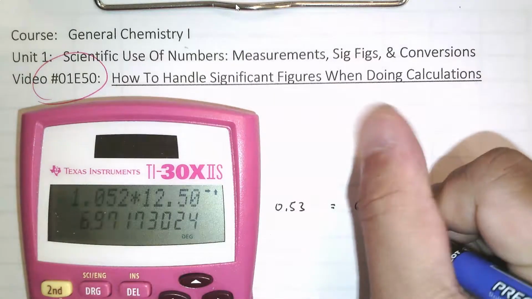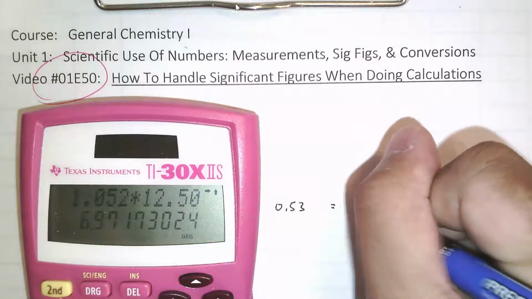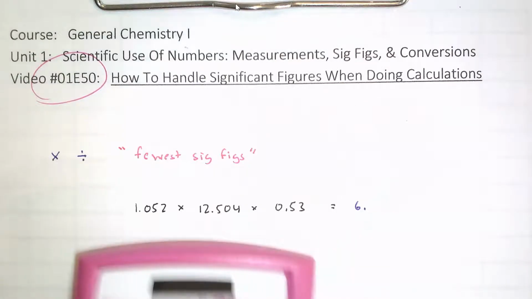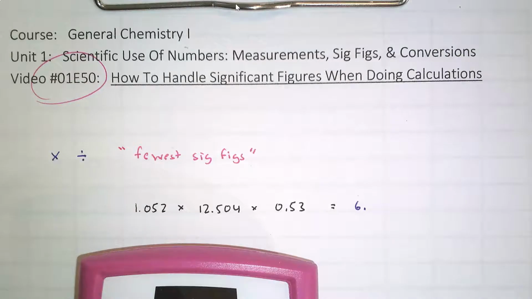6 point. Did I type this in? Oh, did I forget a number? Give me 1 second.